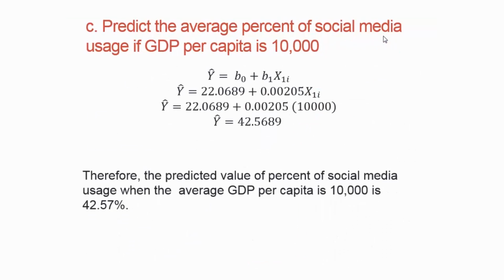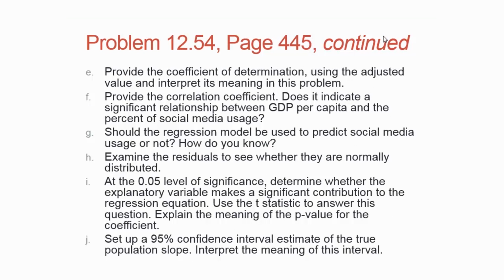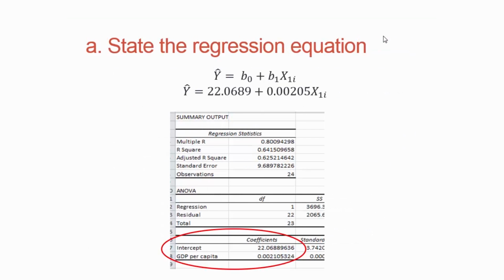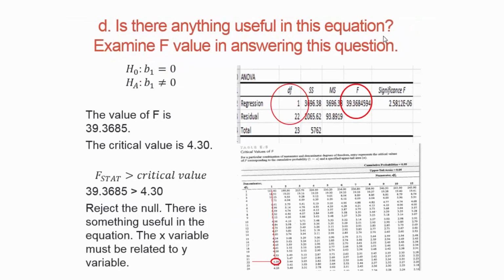Next thing I would comment on is the coefficient of determination, which is R squared. The adjusted value for that is 0.6415, or close to that. And that means about 2/3 of the variation has been explained by the X variable, which is GDP per capita.